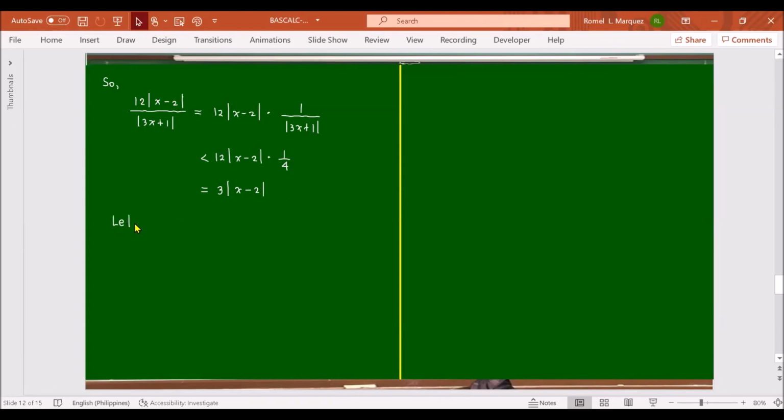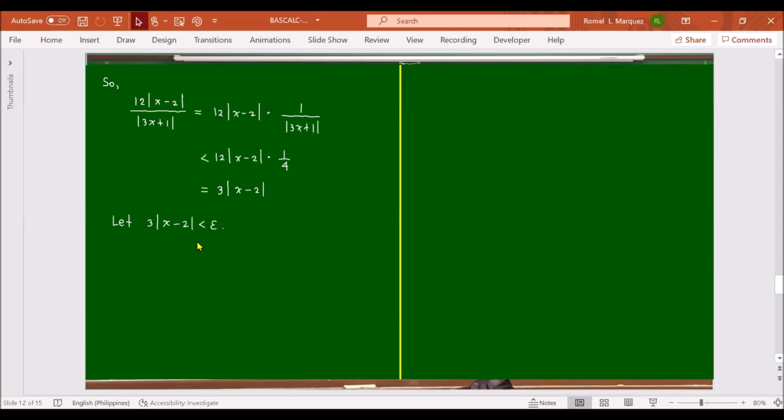So let 3 absolute value of x minus 2 be less than epsilon. Because if this is less than epsilon, this is less than epsilon guaranteed. I will not force this to be less than epsilon if this is exactly equal to this. But it so happens that this is greater than this. But if I force this to be less than epsilon, then this left side is less than epsilon also.